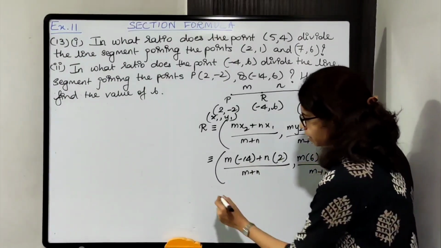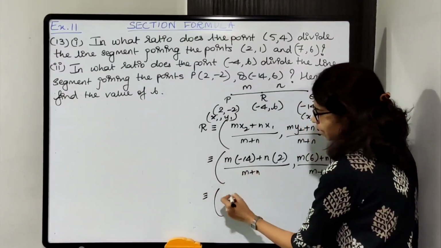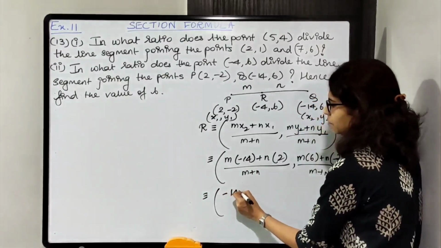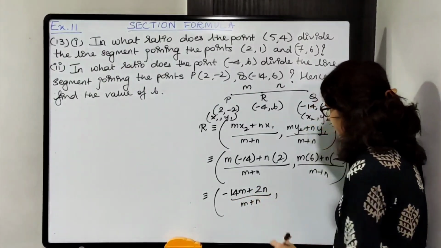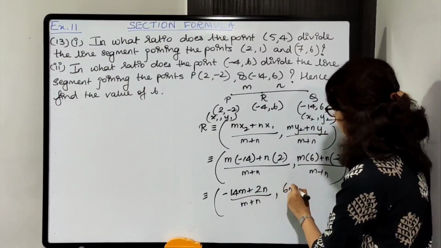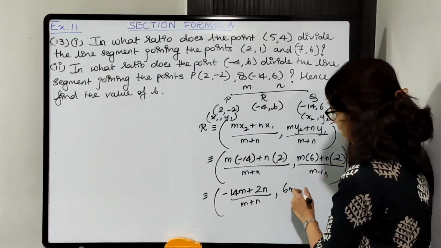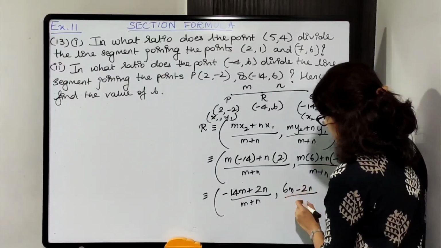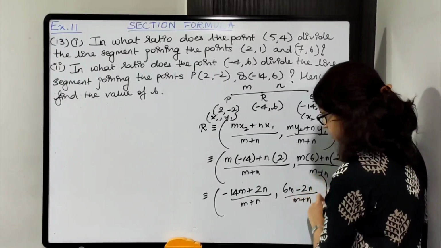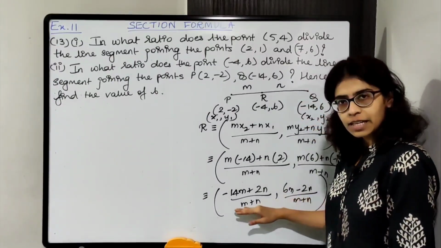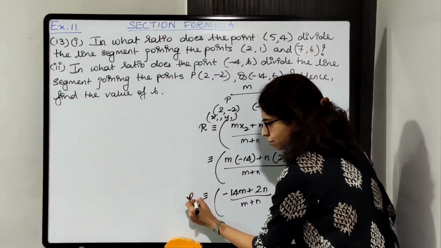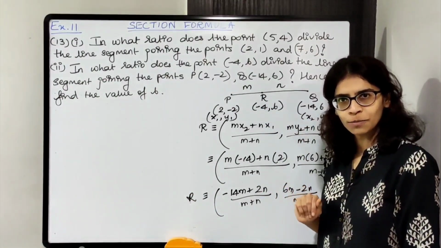So opening the brackets, minus 14 into m minus 14m plus 2 into n 2n upon m plus n. 6 into m 6m and minus 2 into n minus 2n upon m plus n. These are the x and y coordinates of r by section formula.